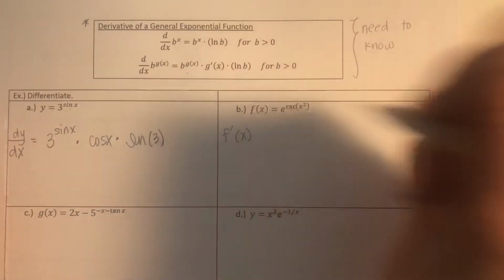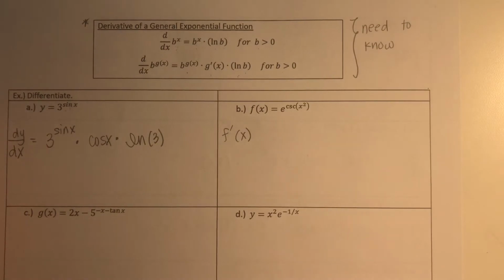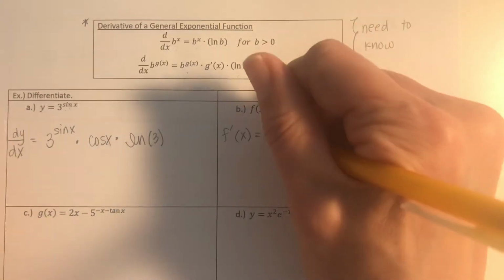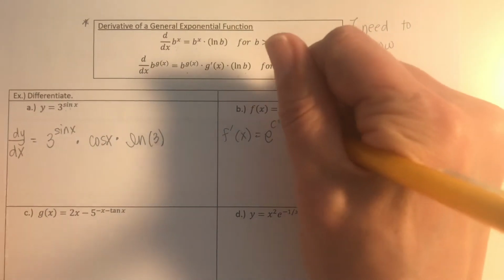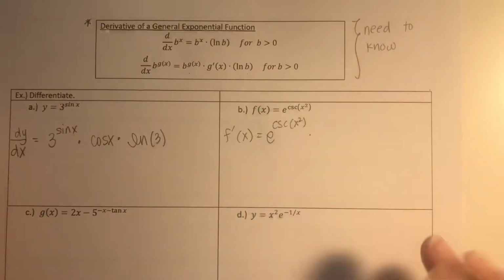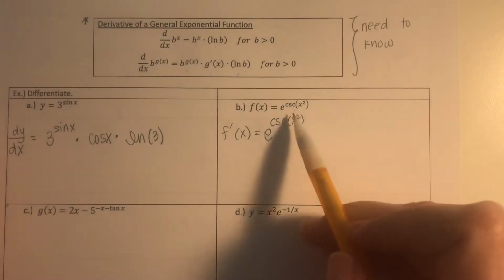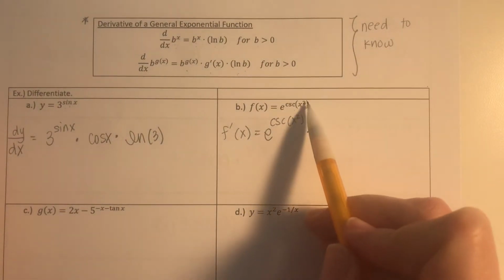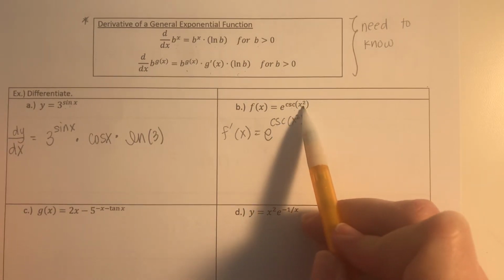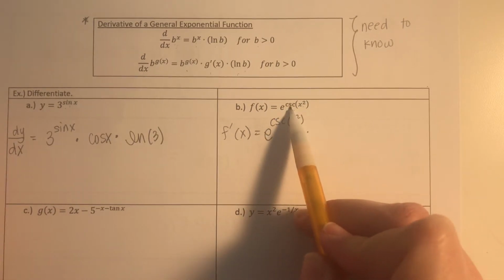For part B, we have f prime of x equals, and we're going to have e to the cosecant of x squared, times taking the derivative of cosecant of x squared. You'll notice you have an outside function and an inside function. So the derivative of cosecant is negative cosecant theta cotangent theta.